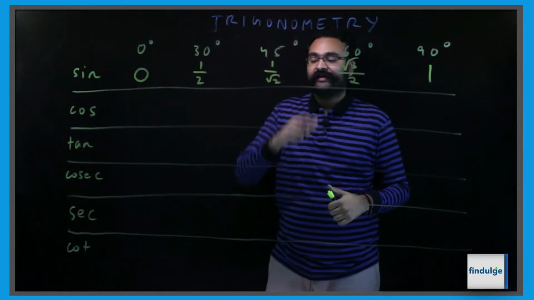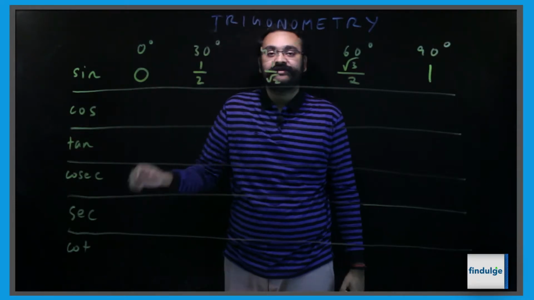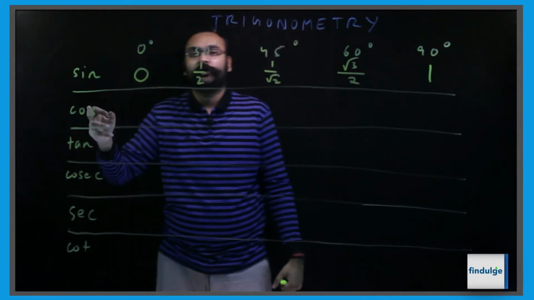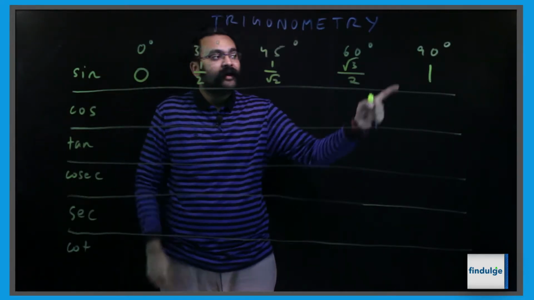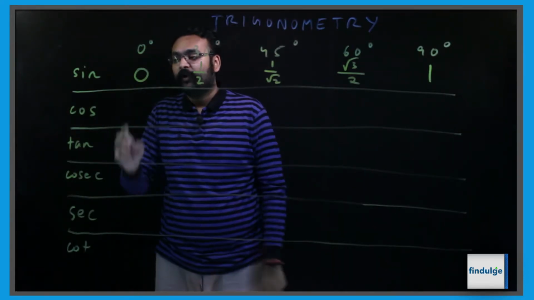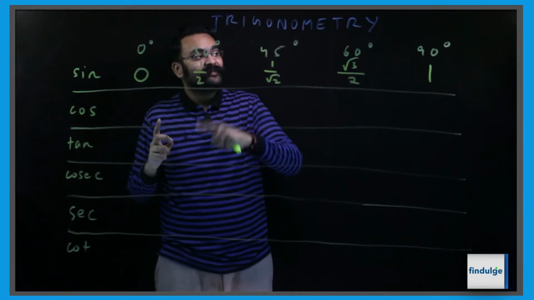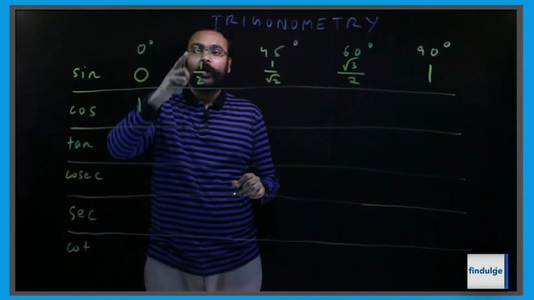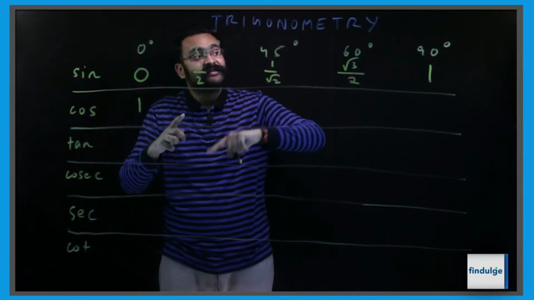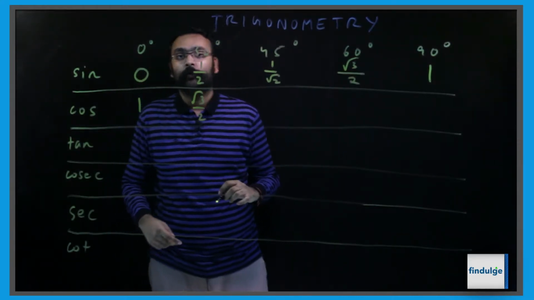Now, as I said, if you know the values of sine, you can fill in the rest of the table. Let's start with cos. Cos is filled in the opposite order of sine, meaning cos 0 is the same as sine 90, 1. Cos 30 is the same as sine 60, root 3 by 2.